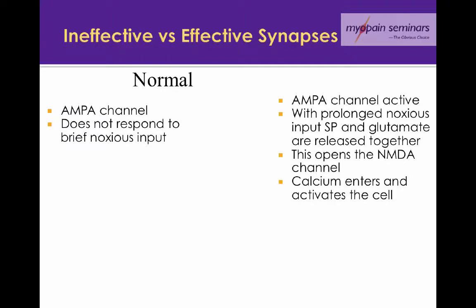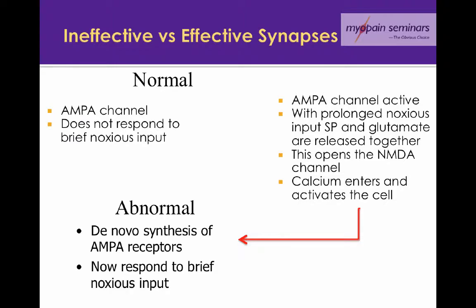At that point, new AMPA receptors are synthesized and embedded in the cell membrane. But these new AMPA receptors are responsive to brief noxious input, so they accelerate and amplify the response.